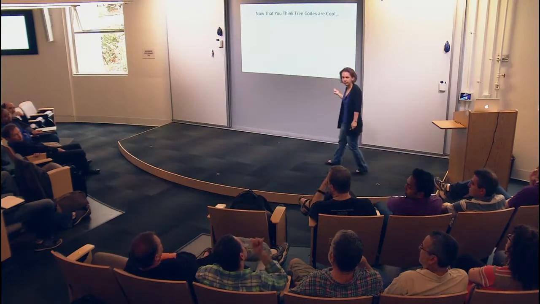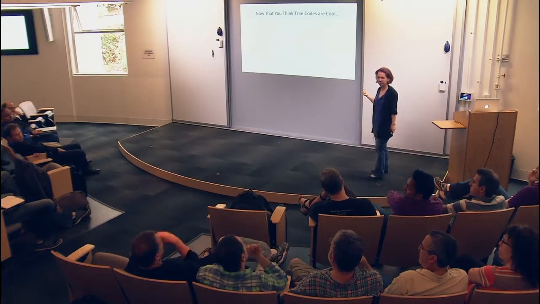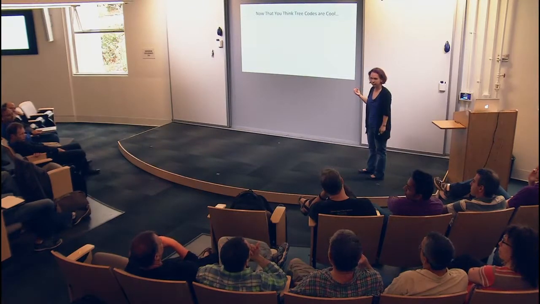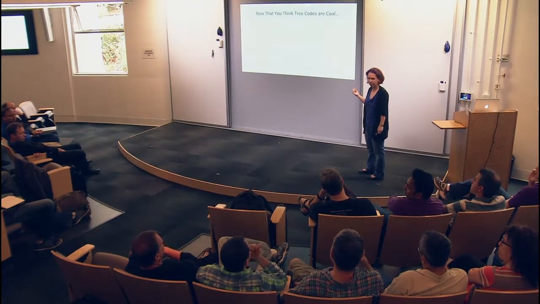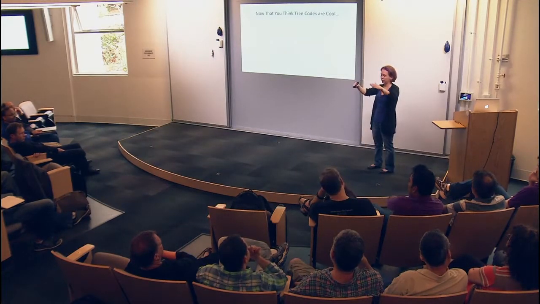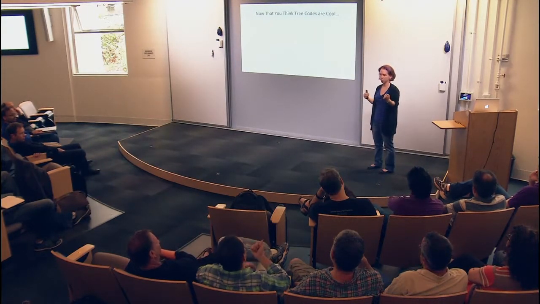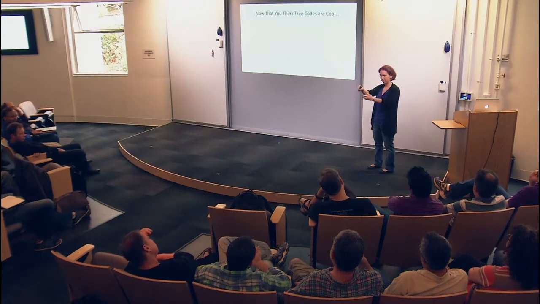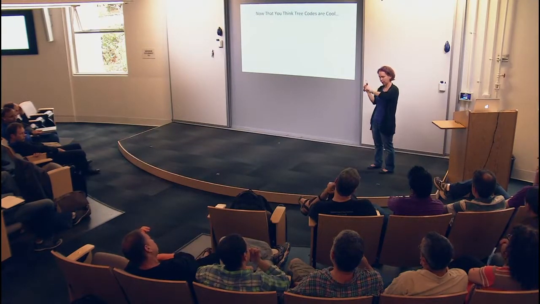Allison? Yes. Still confused. Can you specify exactly what the protocol is, what Alice does in each step and Bob does in each step? So in each step, they look at the sequence of tree code symbols that they've received from the other person, and they decode it to a point in the tree, the closest Hamming distance, and that corresponds to a sequence of moves: left, right, hold, back.